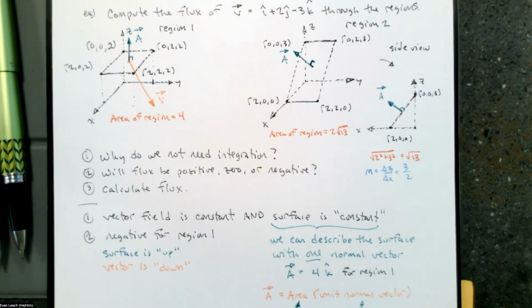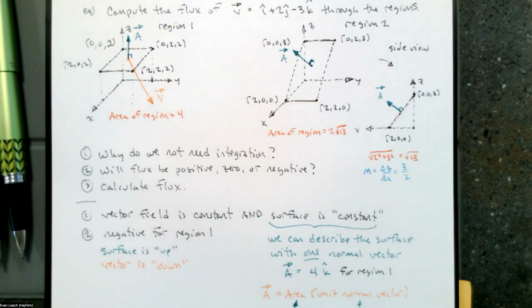The surface is generally up, and the vector is down relative to that surface. So we expect it to be negative.